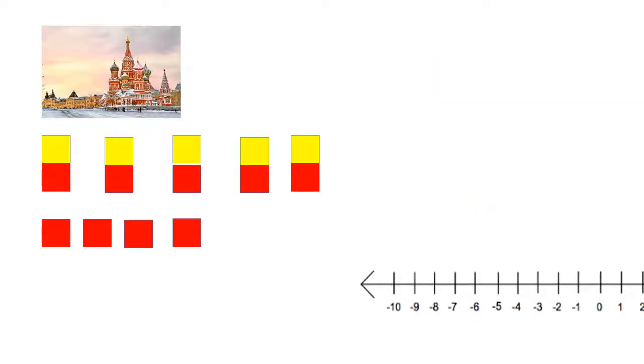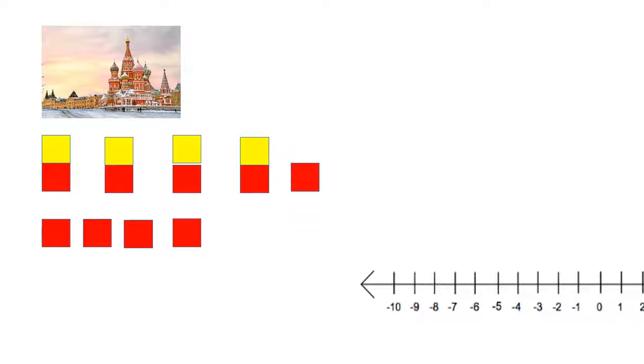So when working through the problem, it's a good idea to have some zero sets or neutral pairs. As you can see here, we've got 5 sets of neutral pairs. Each of those is worth 0. So at the moment, we've got Moscow's starting temperature of -4, which we've got represented down below with the 4 red tiles on their own.